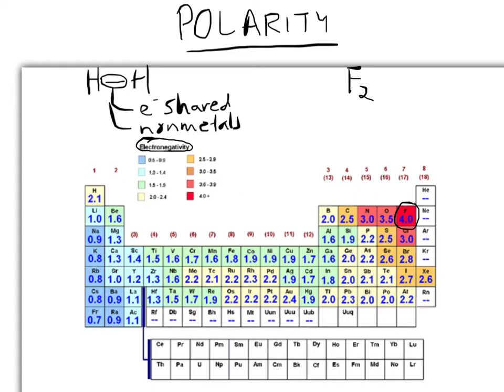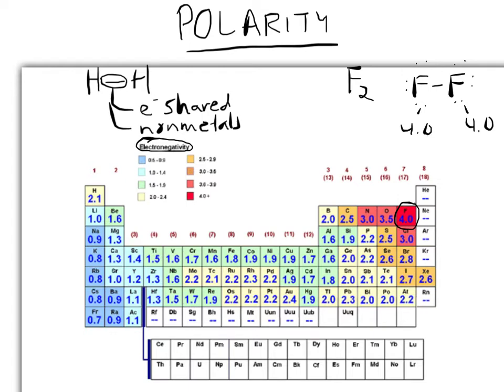So if we drew the Lewis structure for F2, there would be one single bond between them with enough lone pairs, 3 lone pairs around each atom, to give us the total number of valence electrons that we need. Well, what is going on here? If we look at the electronegativity values, each of these has an electronegativity value of 4.0.